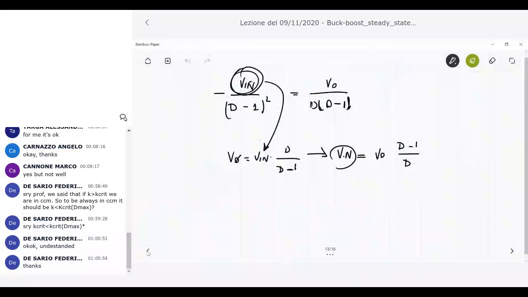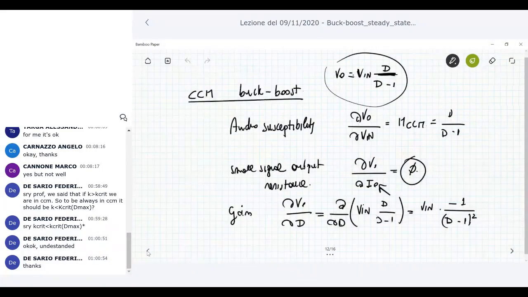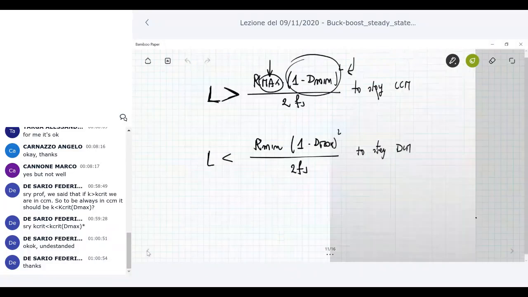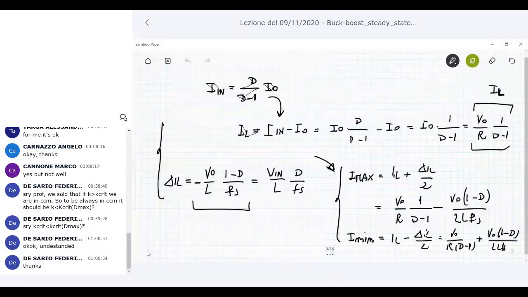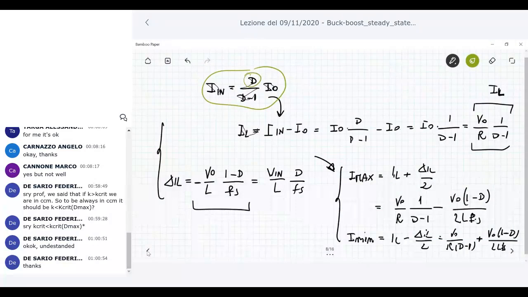Check the previous computation. Okay, it is here, and it is correct.